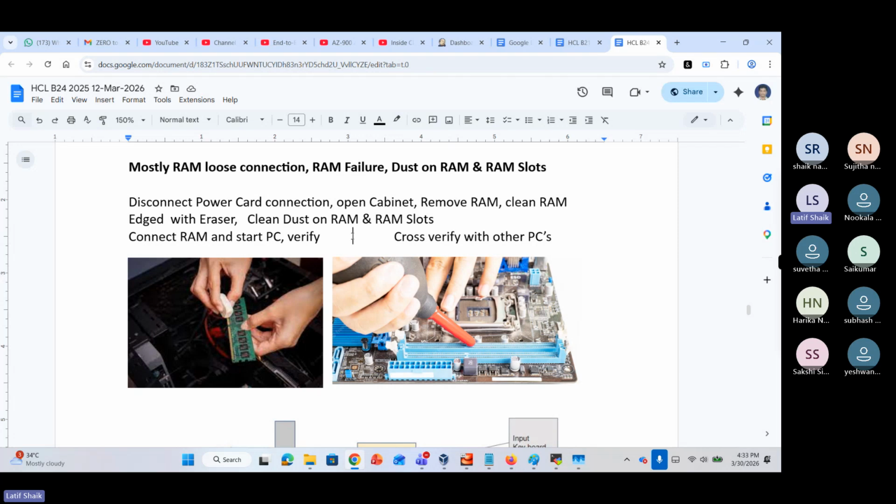Insert only a single RAM in case you have multiple RAMs inserted. Only insert one RAM and check it is working well. Again, shut down, compulsory. You should completely shut down. Remove the power supplies and reinsert another RAM. Verify it. Okay, so these are the RAM related points.